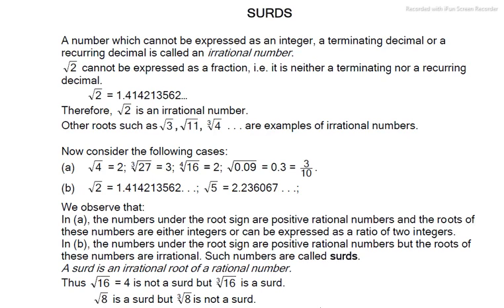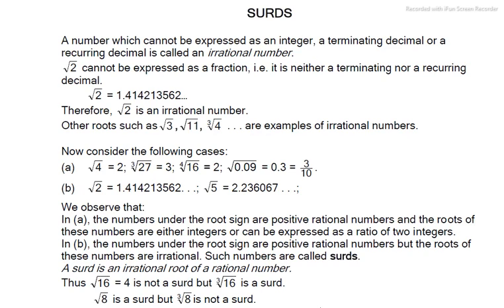However, we shall observe that the numbers under the root sign are positive rational numbers. For instance, root of 2. 2 is a positive rational number under the square root.